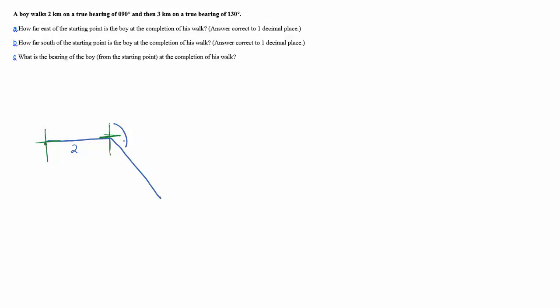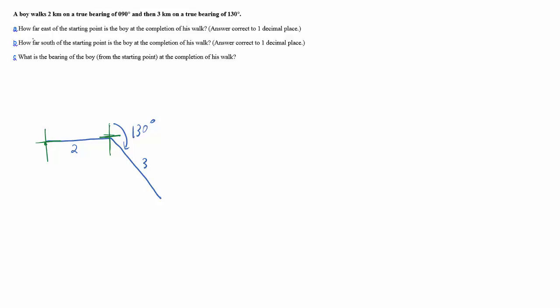This angle here is 130 degrees. Then we went 3 kilometres. You can see that my line is longer than the 2. I'm not being accurate, but I need to know basically what it looks like to get a good view.